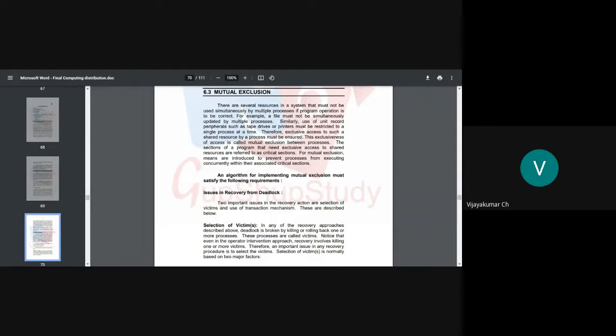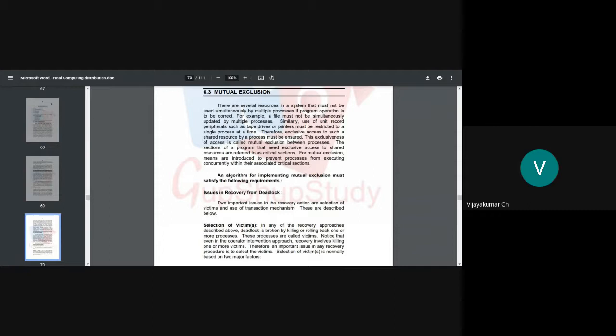Therefore, exclusive access to such shared resources by a process must be ensured. So, why is exclusive access introduced? Because these devices are restricted to a single process at a time, so they need exclusive access for those shared resources.